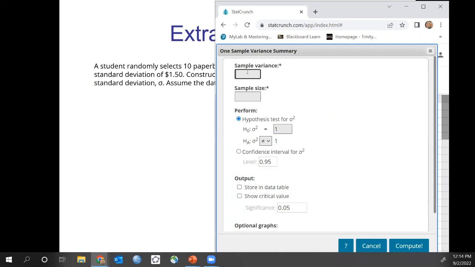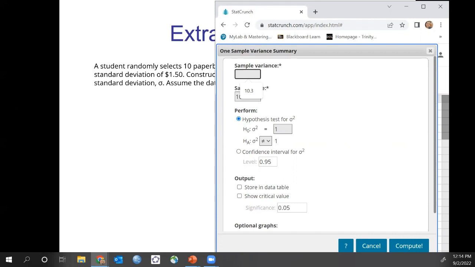All right, so it says, what is the sample variance and what is the sample size? My sample size is 10. Variance means we have to take the standard deviation and square it. Our standard deviation is $1.50. So we need to square that in order to get our variance because we have to type the variance in here.